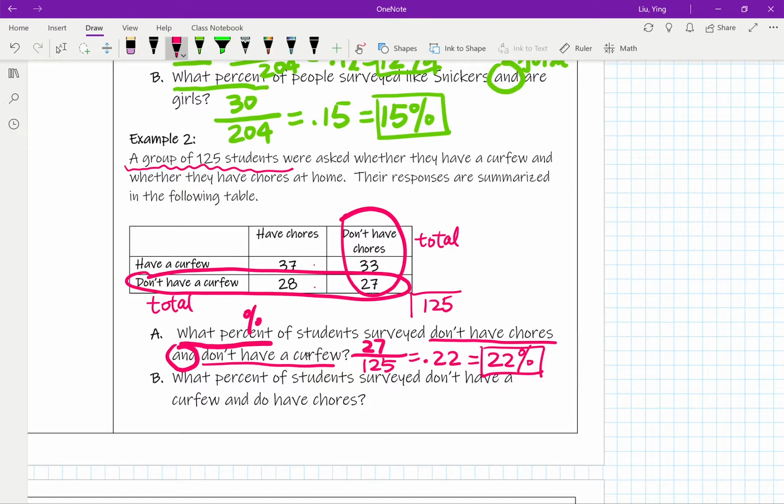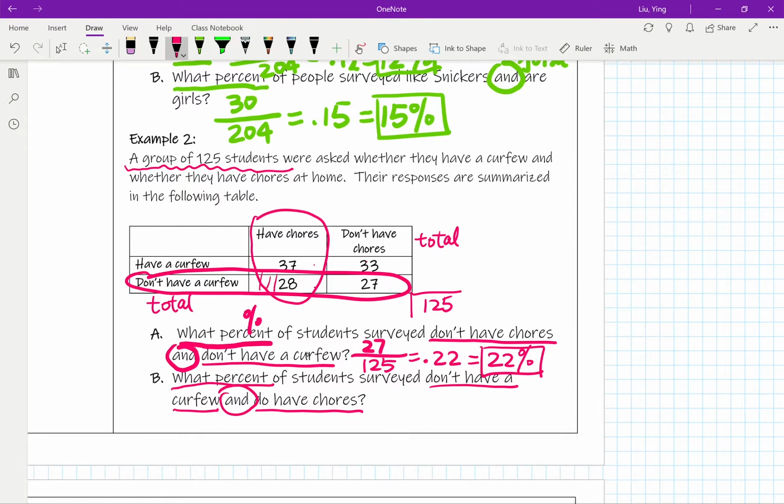Part B. What percent of students surveyed, once again, this time don't have a curfew and do have chores. So we'll be looking at a different part of the table. Don't have curfew would still be this row, but this time we're going to look at the ones that do have chores.